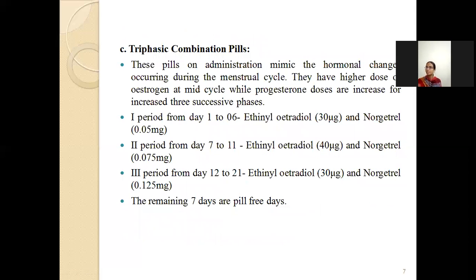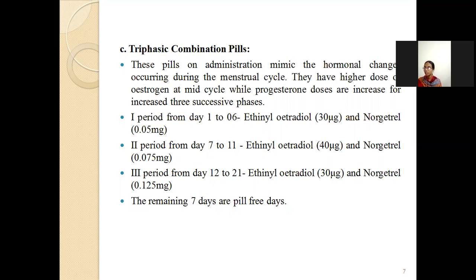Next, triphasic phase. So here 3 periods will be there. Period 1, 2 and 3. So here in this triphasic combination pill, the progesterone dosage will increase.